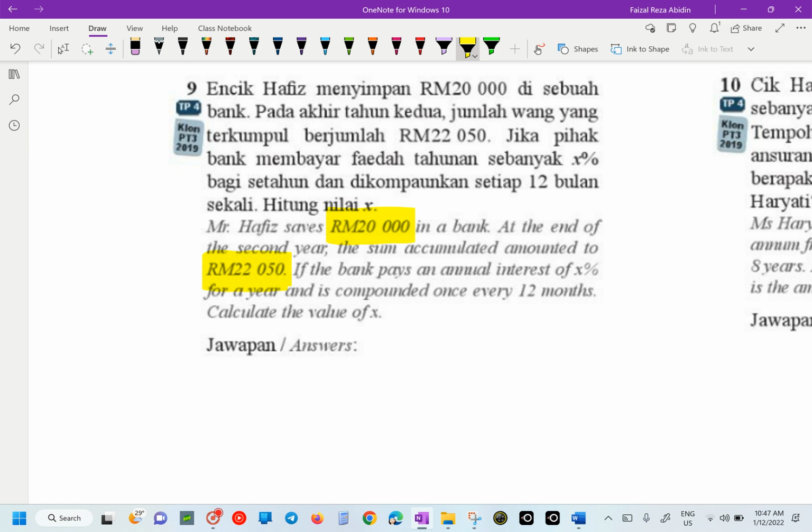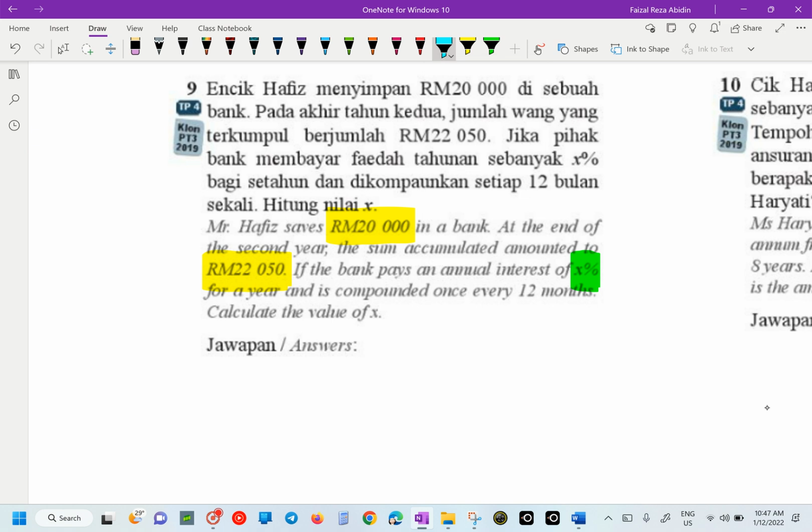If the bank pays an annual interest of X percent, compounded once every 12 months, we are going to find X.